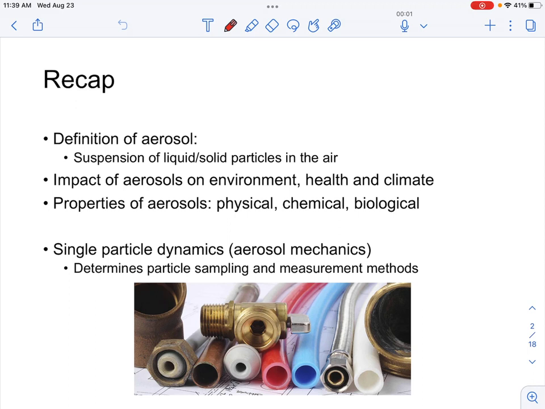One simple example of how these aerosol dynamics might influence our measurements or your projects: in the future, if you need to sample the aerosols directly into an instrument, then you need to design a sampling or tubing system that extracts these aerosols and introduces them into the instrument, right?